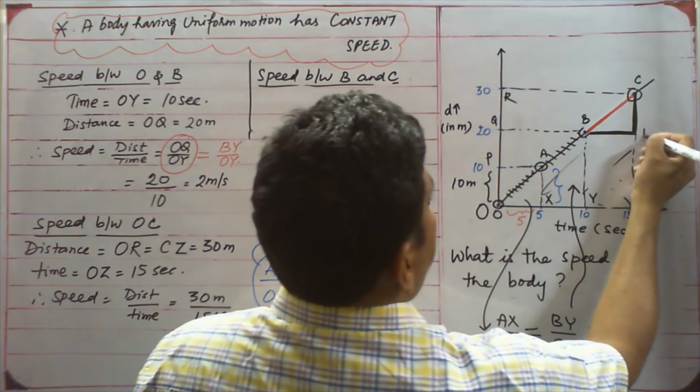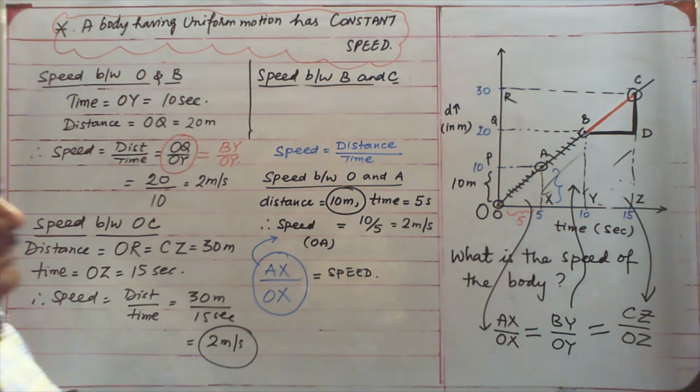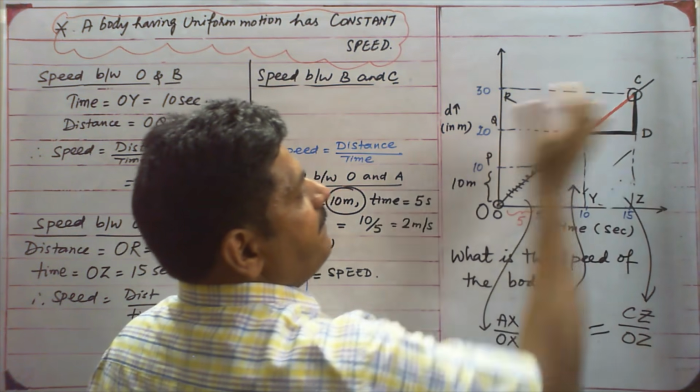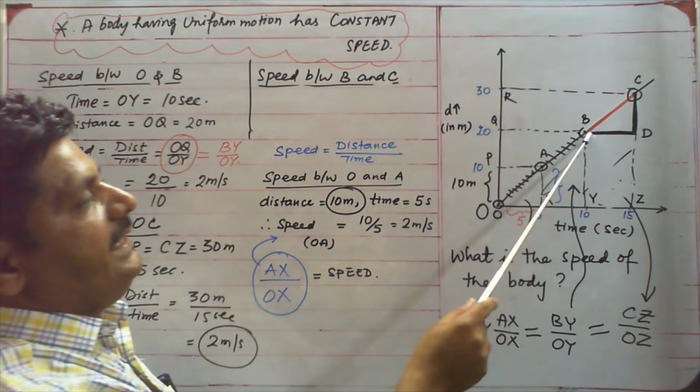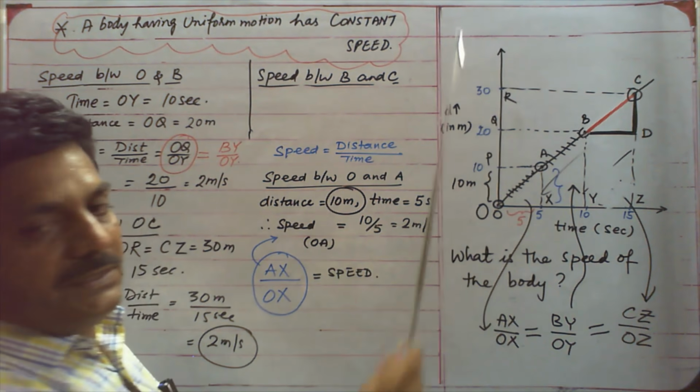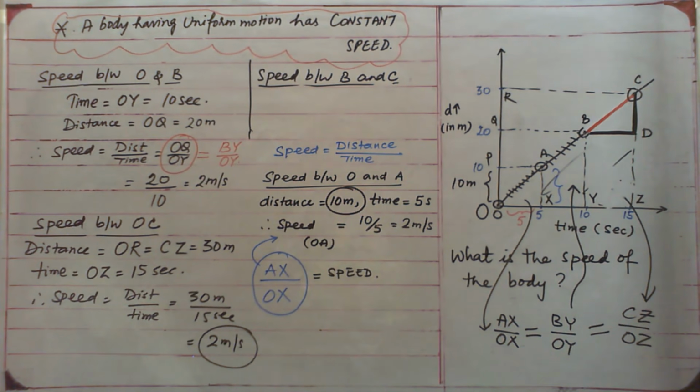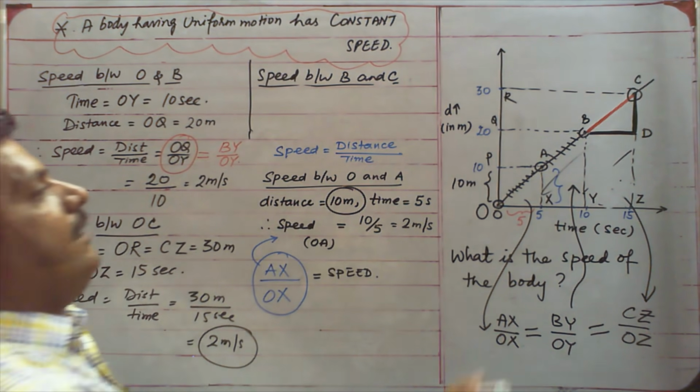Let us say this is point D. So I am calculating the speed between B and C. To calculate it, I complete a triangle first. And once I complete the triangle, what is speed now?